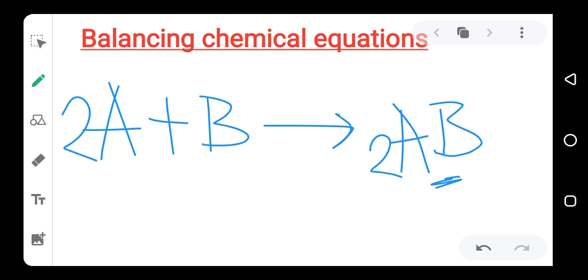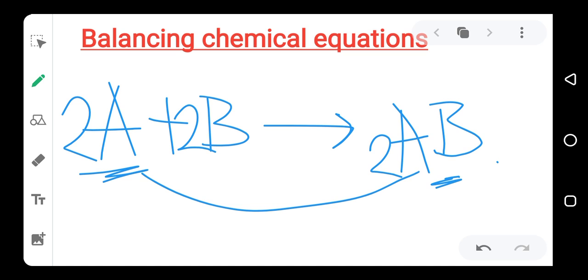And if we have 2 atoms of B, there must also be 2 atoms of B on the right-hand side. So the total number of atoms for each of the elements here must also be the same as the total number of atoms on the other side.